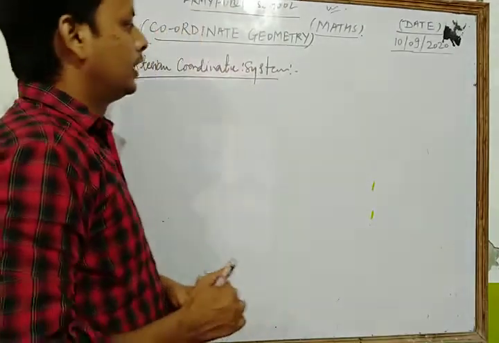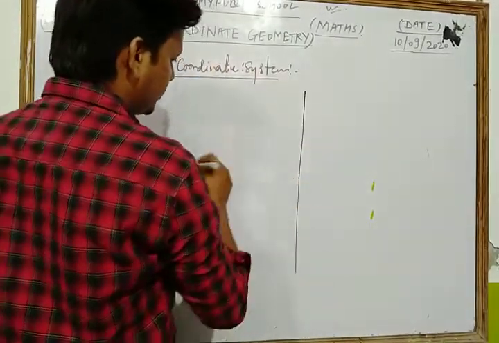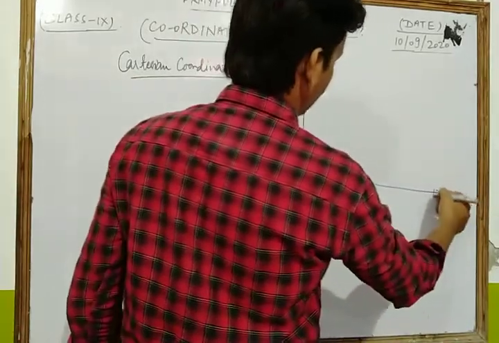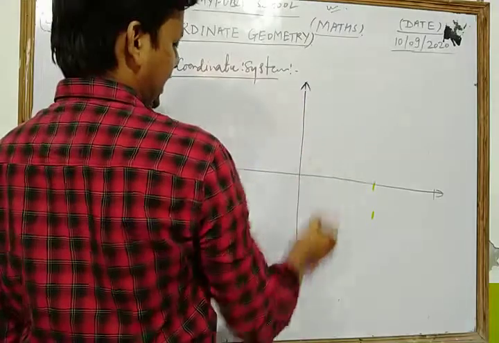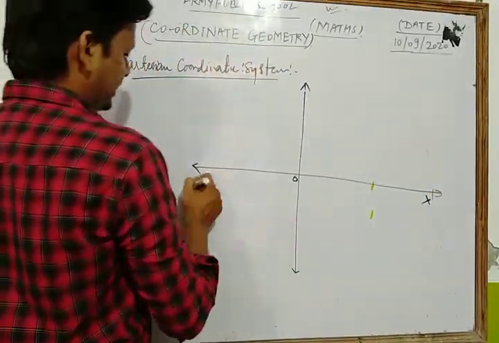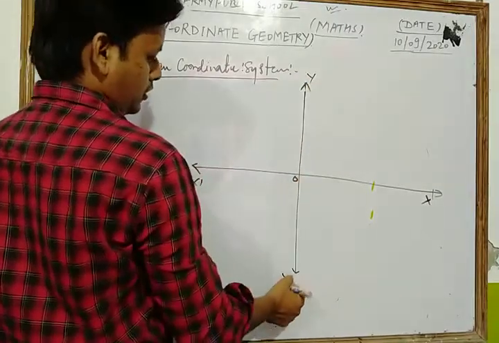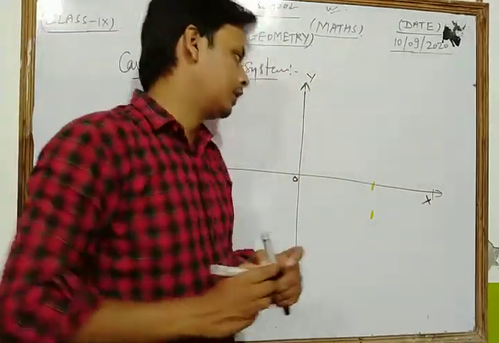First of all, dear students, in that system we draw two mutually perpendicular lines as XOX dash and YOY dash.